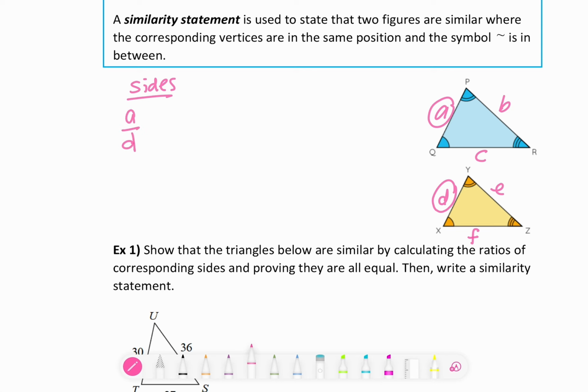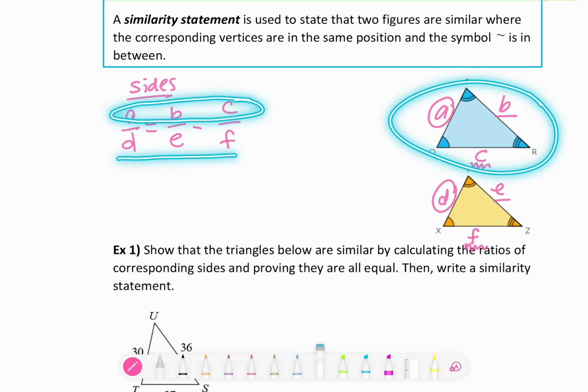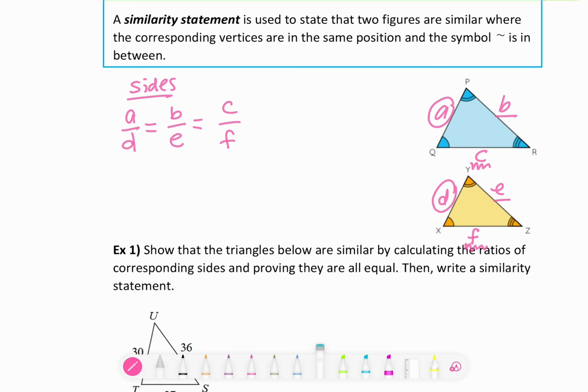So if I do my ratio of A to D, that's going to be equal to the ratio of B to its corresponding side E, which is equal to the ratio of C to its corresponding side F. Notice that on top is ABC, and all of those came from the same triangle. Same with the bottom, DEF, all of those came from the same triangle. Okay, so that's the first part of the definition.